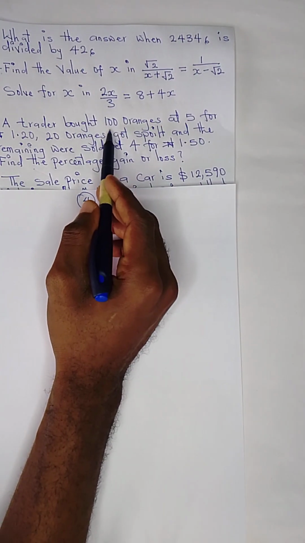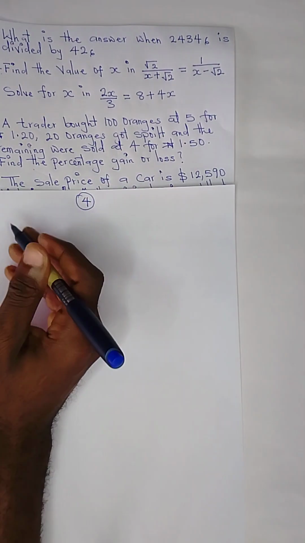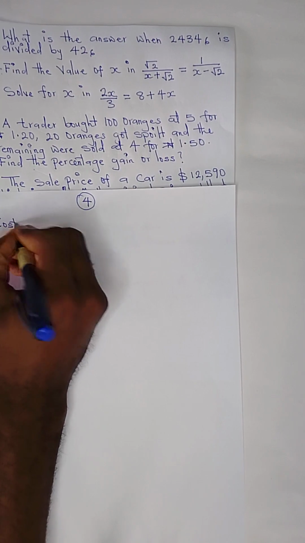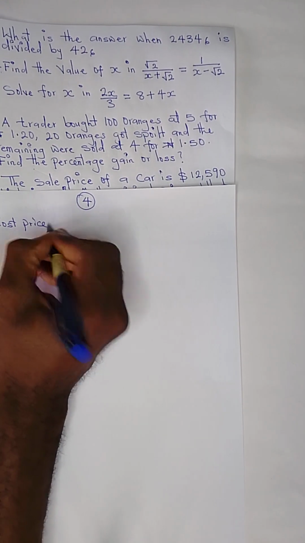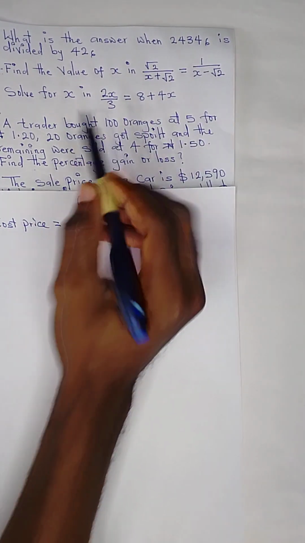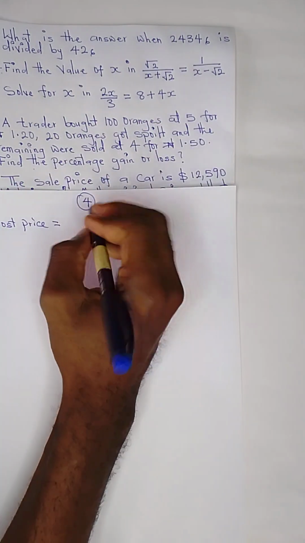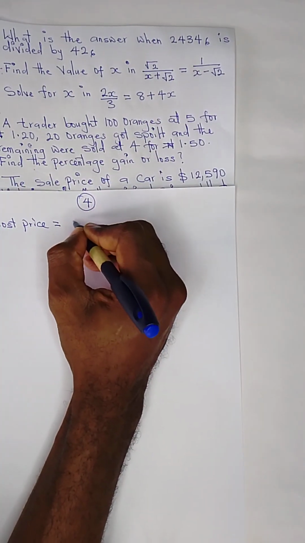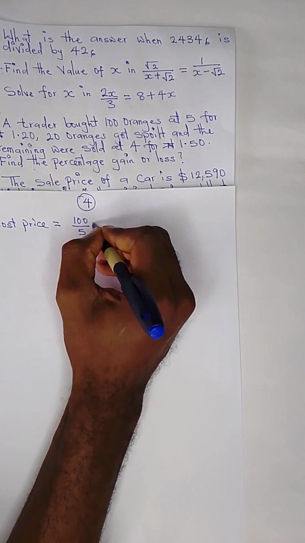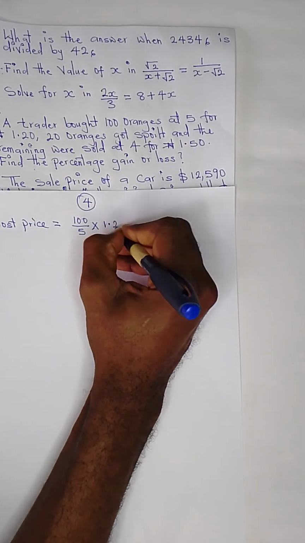So 5 oranges goes for 1.20 naira. Now, if the trader bought 100 oranges, what is going to be the cost price? So we have to first of all find the cost price. So the cost price is equal to, now since the trader purchased 100 oranges for 5 for 1.20 naira, we are going to say that the cost price is equal to 100 oranges divided by 5 times 1.20.